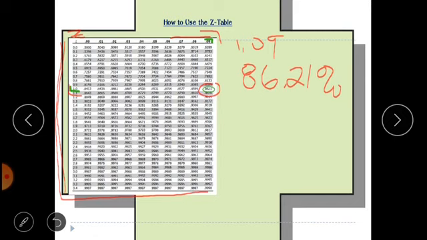So, like for example, the area to the left of yung z-score natin is, ano ba yung value given natin? Yung 1.0, no? Okay, 1.0. So, ayan, nandyan na siya. Is given as 86.21 in percentage. So, sa decimal, 0.8621. Ito siya, ayan. No?